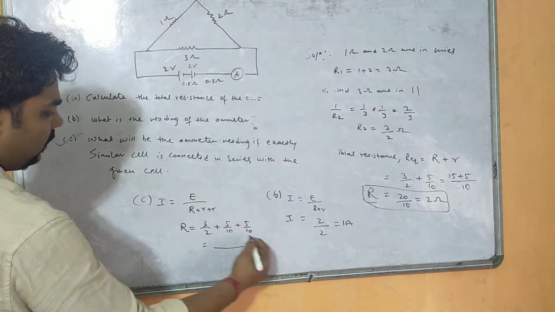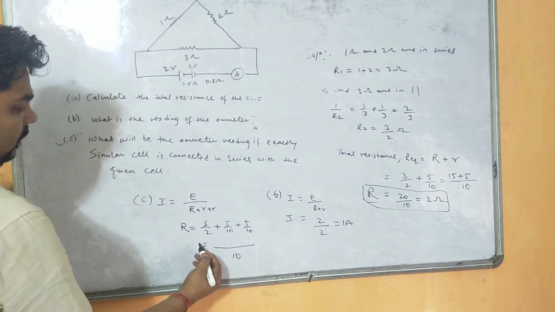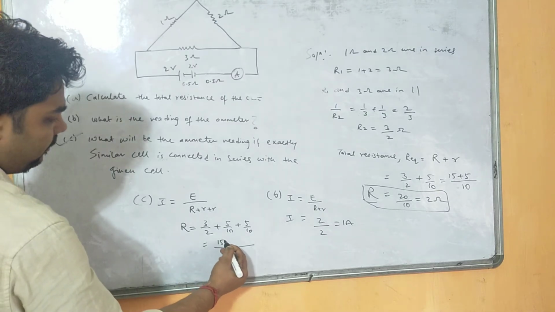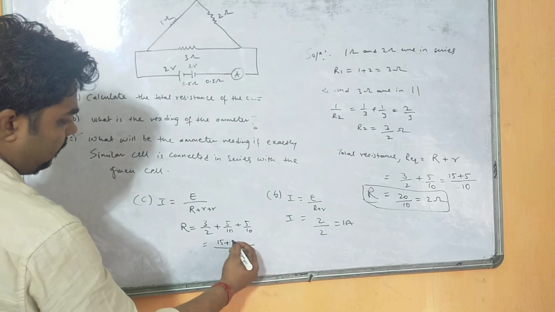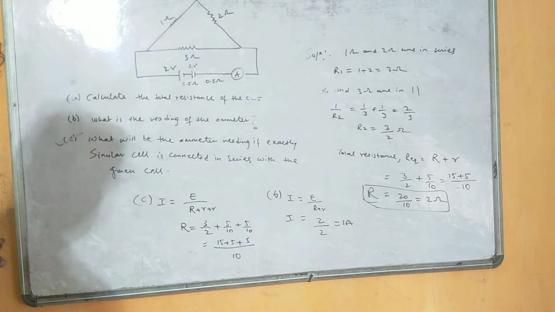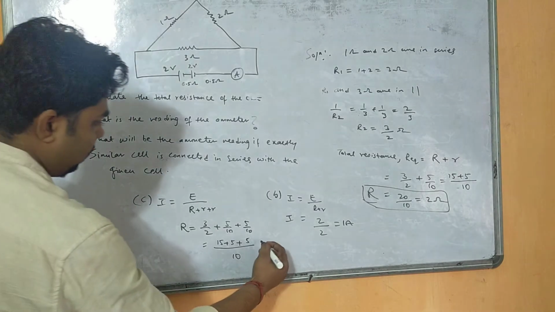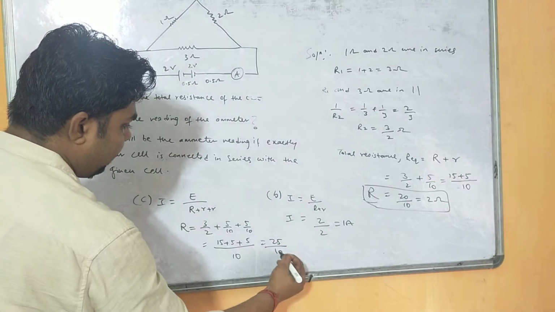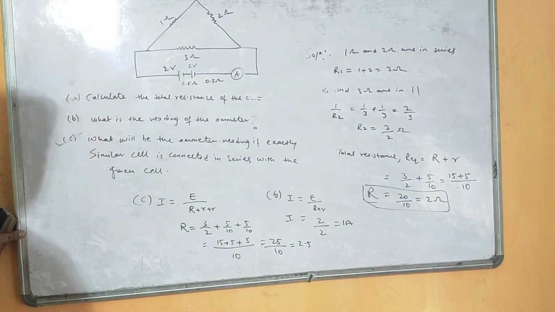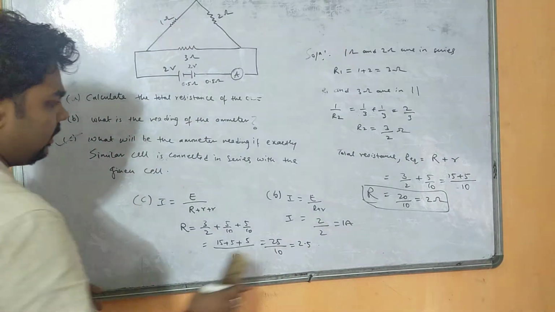So total resistance will be 2 5s are 10, 15 plus 5 plus 5, that is 25 by 10, or 2.5. Now we got resistance 2.5 here.